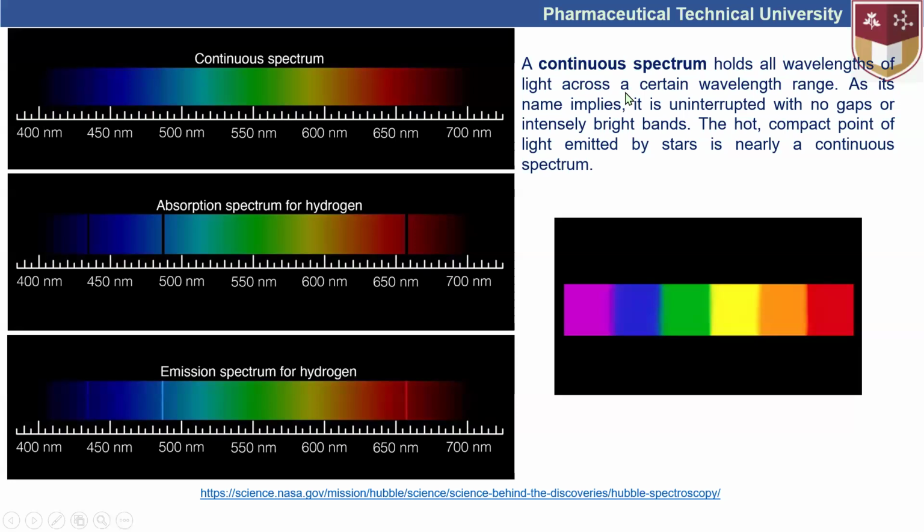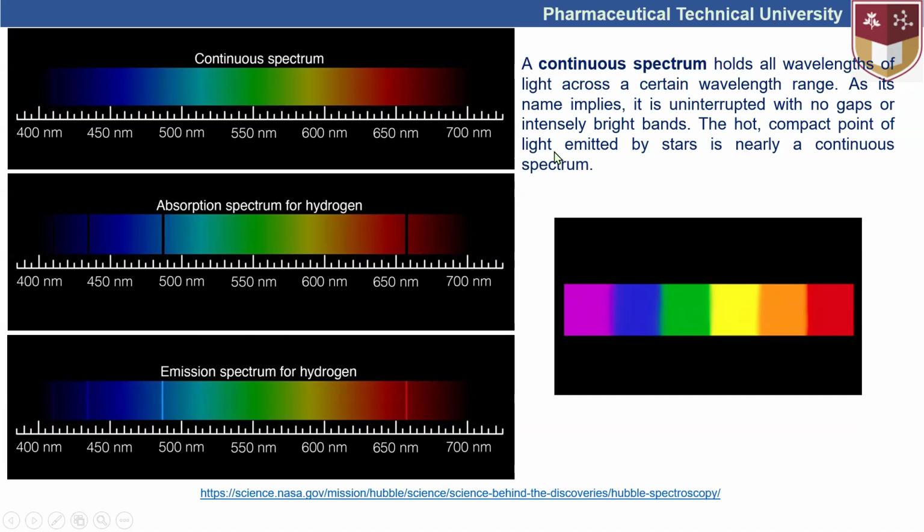And a continuous spectrum holds all wavelengths of light across a certain wavelength range. As its name implies, it is uninterrupted, with no gaps or intensely bright bands as shown here.